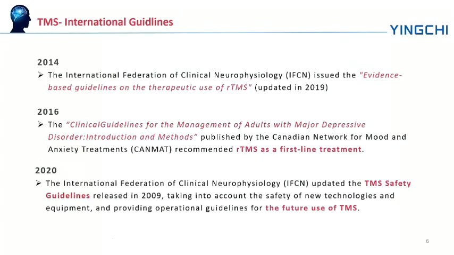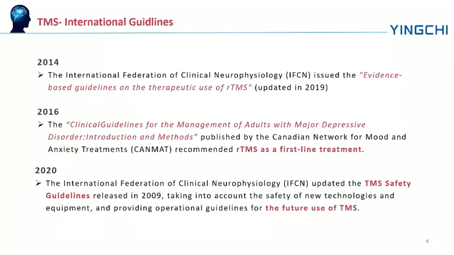So here are some international guidelines for TMS. This is the evidence-based guidelines on the therapeutic use of rTMS, and it has many recommendations for the actual use of rTMS. And the clinical guidelines in Canada have recommended rTMS as a first-line treatment.